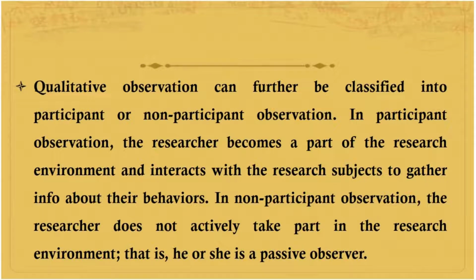In participant observation, the researcher becomes a part of the research environment and interacts with the research subjects to gather info about their behaviors. In non-participant observation, the researcher does not actively take part in the research environment, that is, he or she is a passive observer.